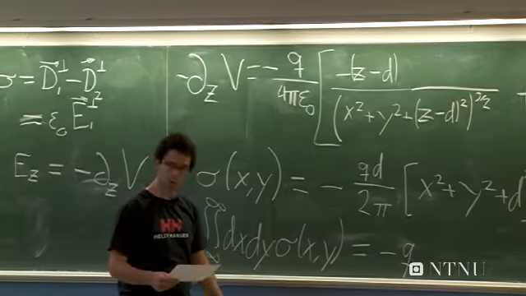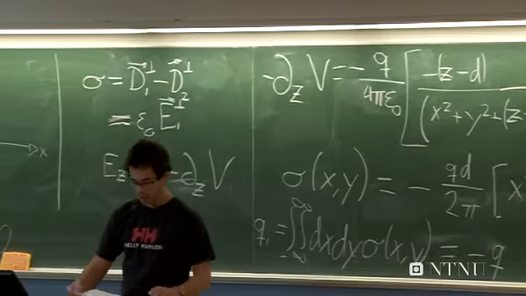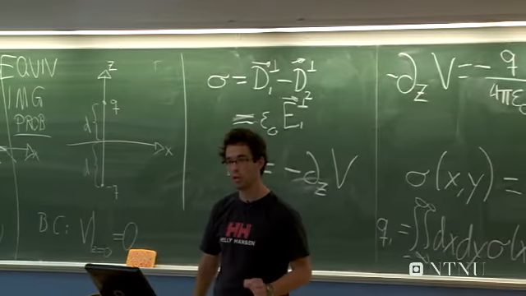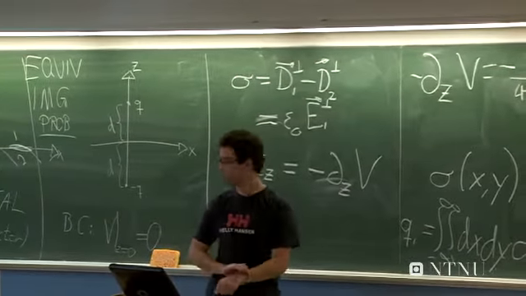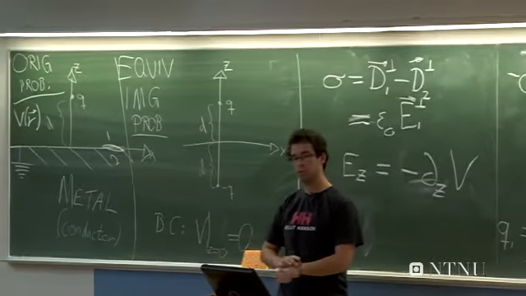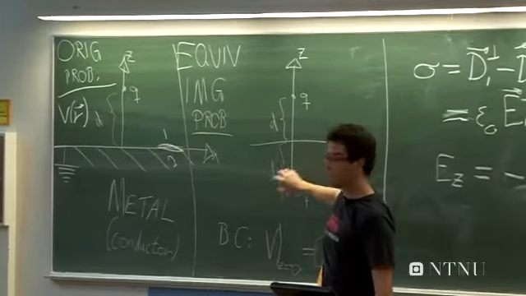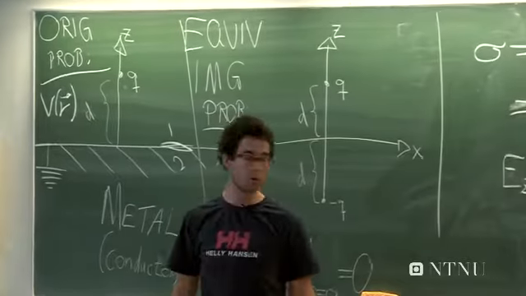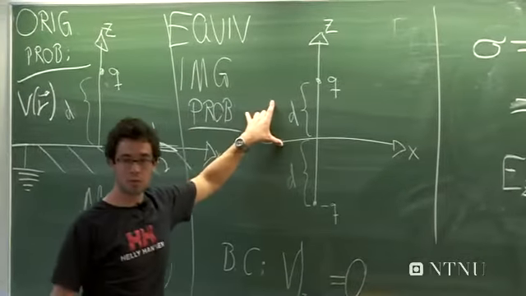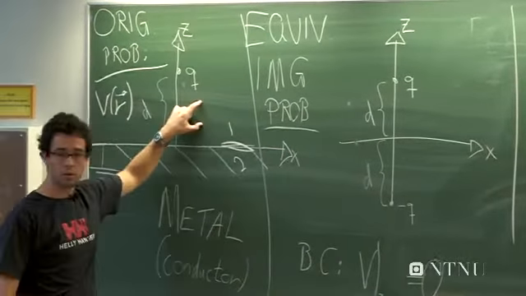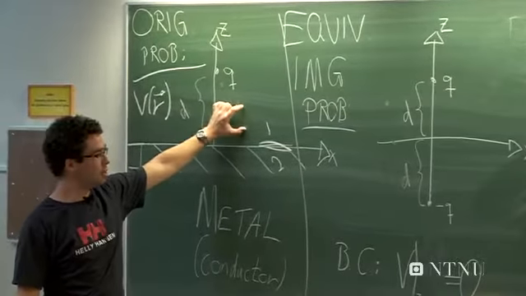Okay, and also there was a question last time about the electrical field, and of course it's the same in the two problems, but it's not the same in this region, because in the metal it has to be 0. So we find the potential for this system, then we go back here, and then we find the electrical field on the upper side.